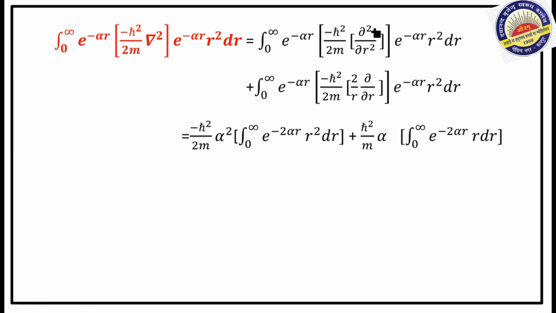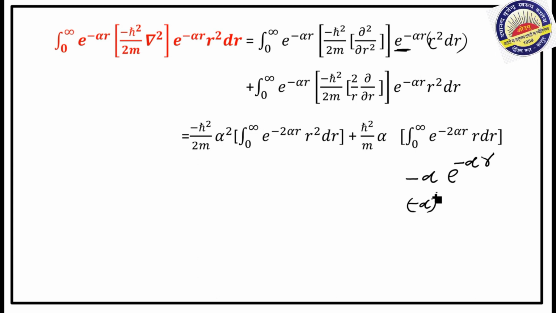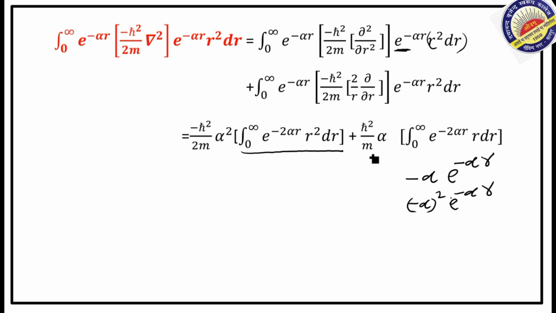Take d squared by dr squared of e to the power minus alpha r: differentiating one time gives minus alpha e to the power minus alpha r, and again gives alpha squared e to the power minus alpha r. So the first term becomes this, and the second term, differentiating once by dr, becomes this.